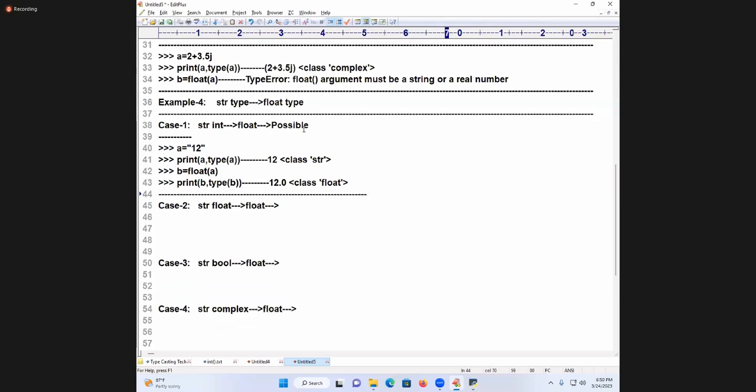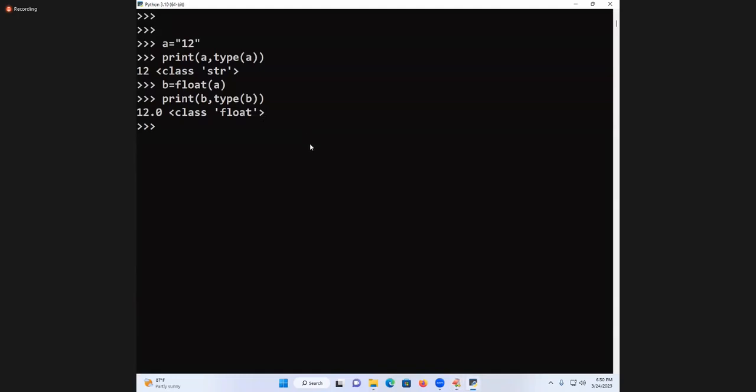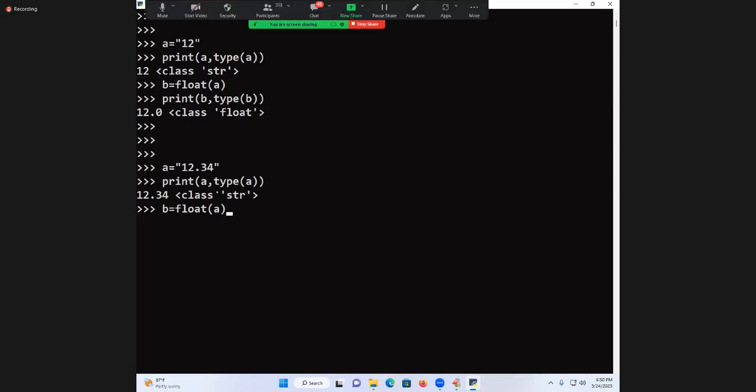So similarly, I'll go for what next? Case 2. Now A is equal to, take care, students, 12.34. Don't commit mistake. Now, the float function is developed internally, a piece of code is written in such a way that it will check inside for a dot, one dot.